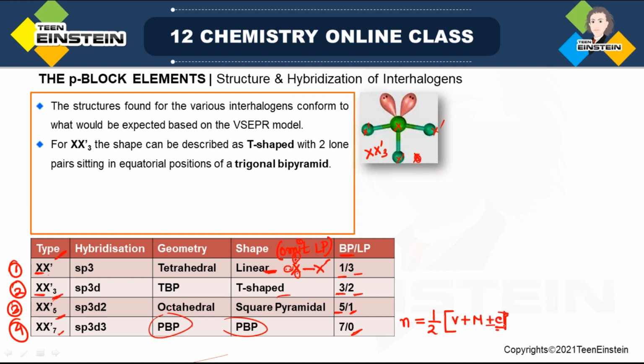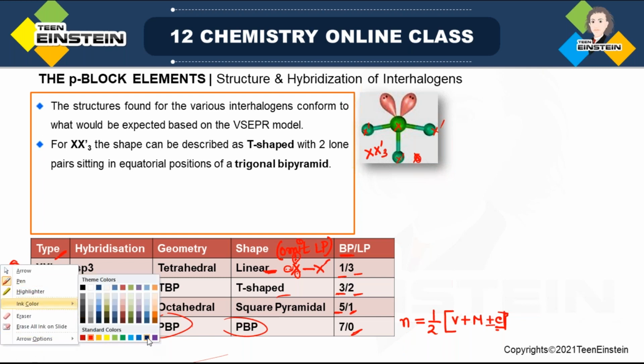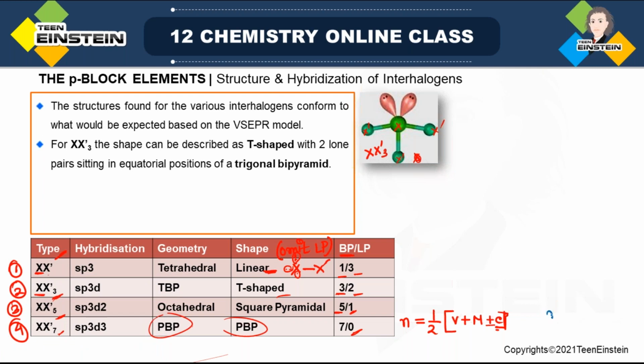So depending on this N value for central halogen, not just central halogen, for any other compound, hybridization will be fixed. So suppose if N value is 2, that means only 2 coordination sites are there. Okay, it starts from 4.